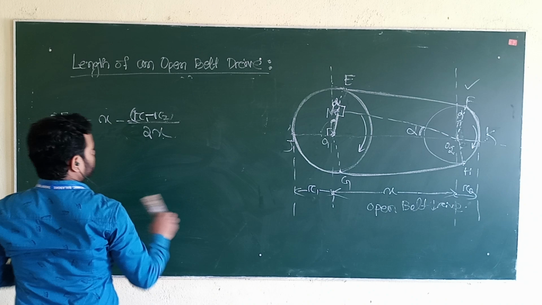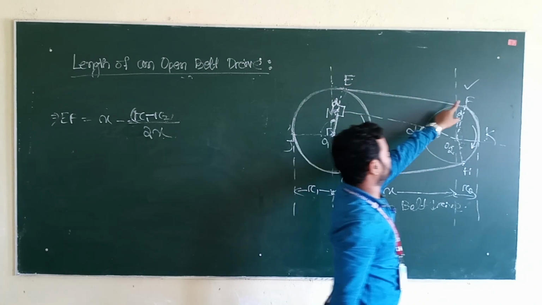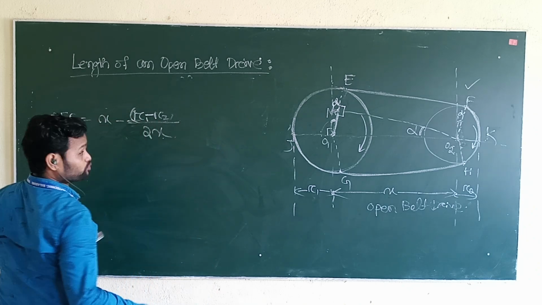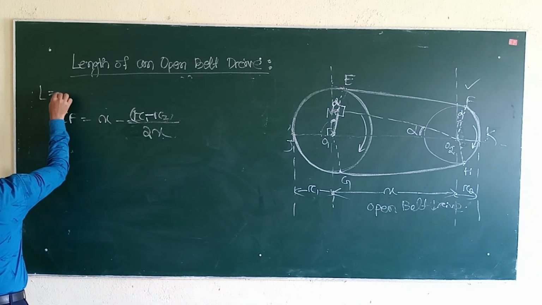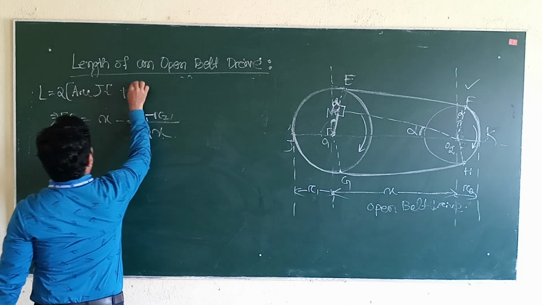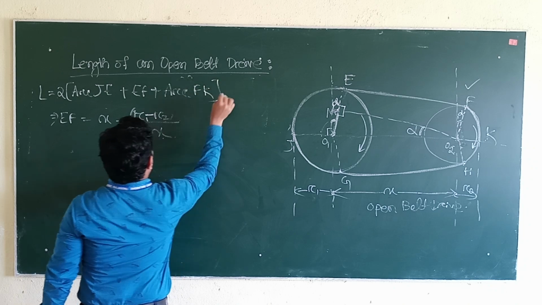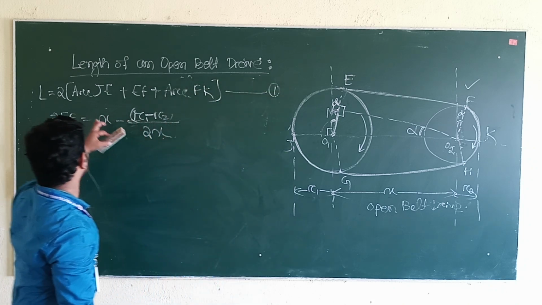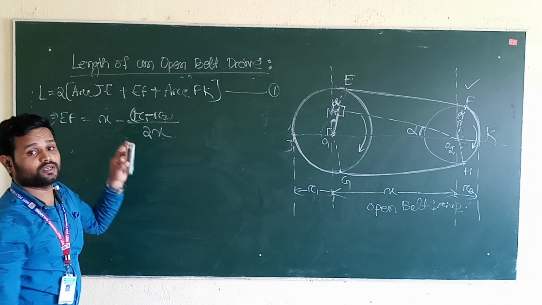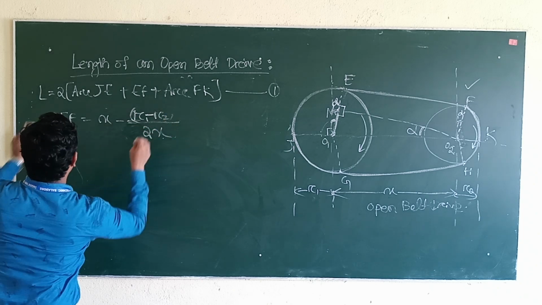Equation 1 is L equal to 2 into RJE plus EF plus RFK. We will put the values of RJE, EF and RFK in equation 1. Remember, EF equal to X minus R1 minus R2 square by 2X.